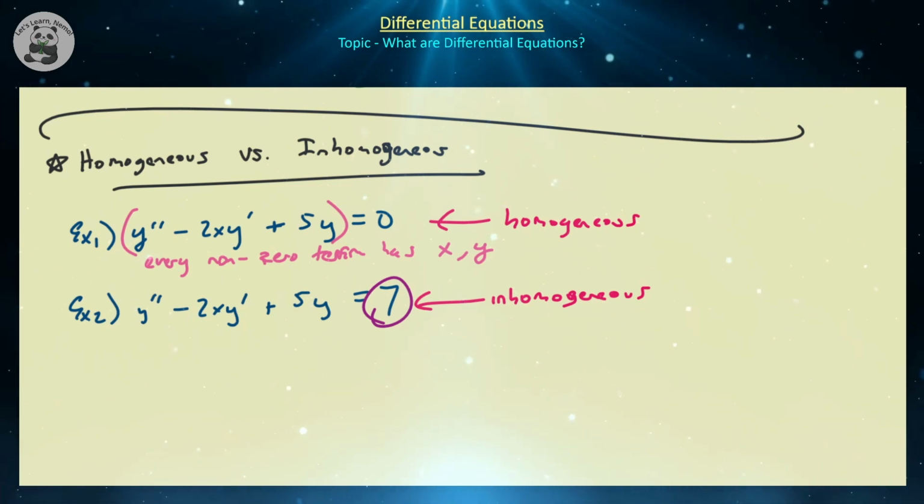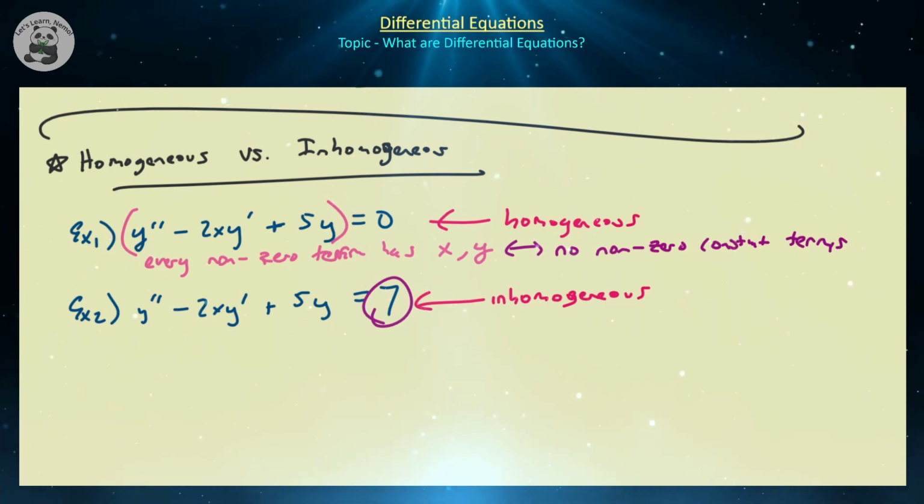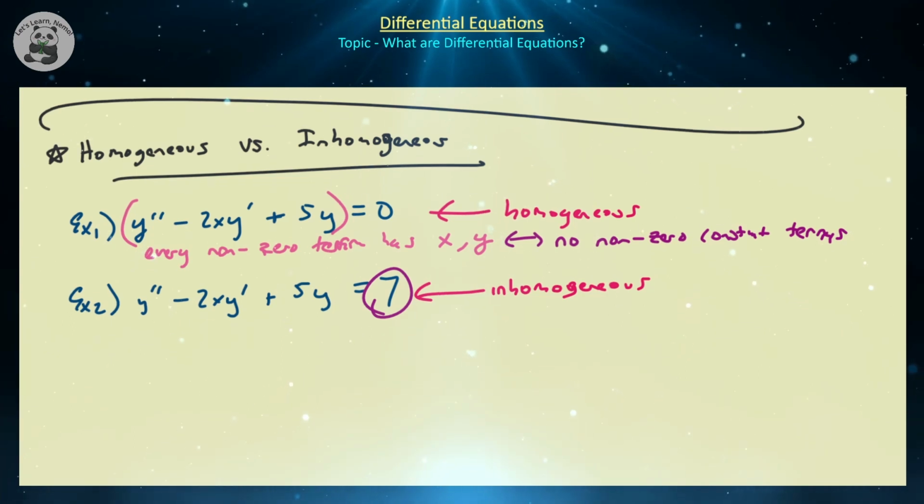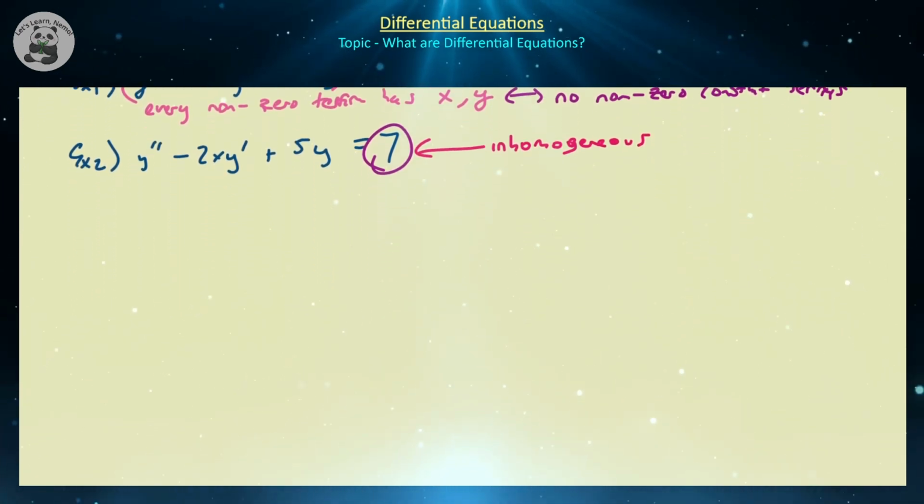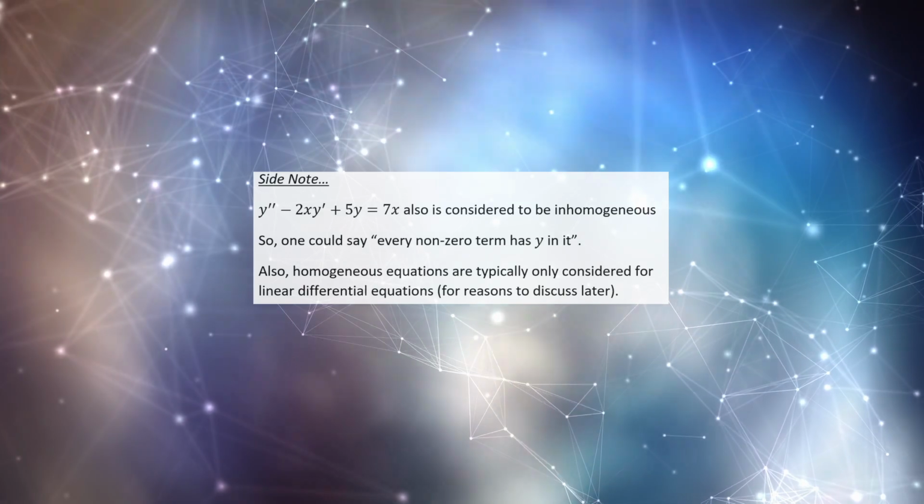So in particular, it has no non-zero constant terms. That's the easiest way to go about classifying ordinary differential equations as either homogeneous or inhomogeneous. And as expected, inhomogeneous equations are going to be a little bit more difficult to solve.